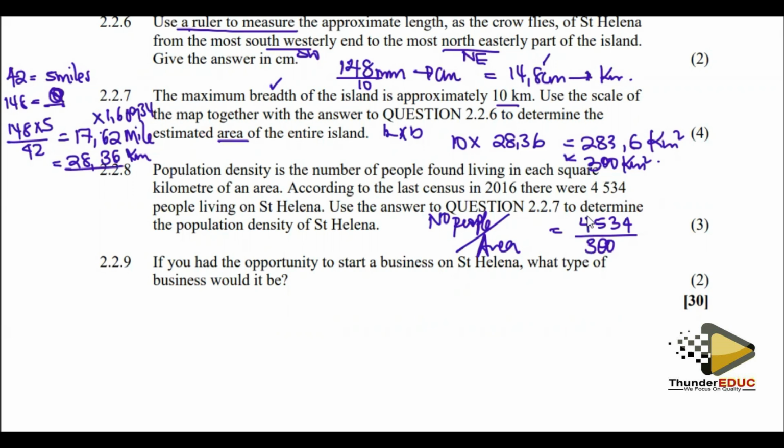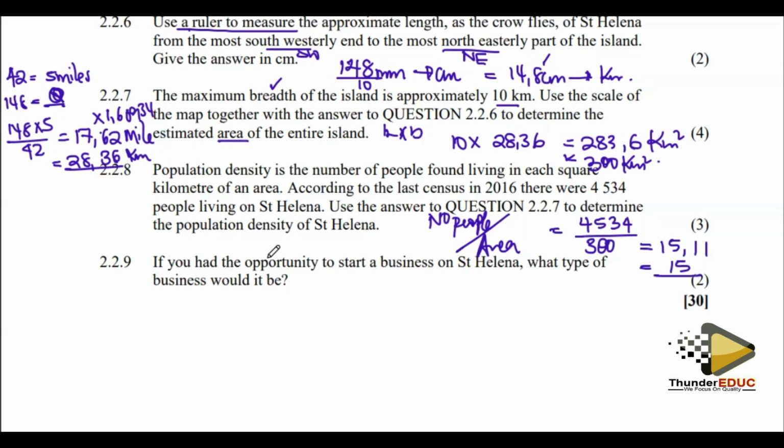It's not guessing, but we are closing up. So this one is an estimation of 15.11. But we are looking at determining the number of people per square kilometer. So people can't be in decimals. So here my answer will be 15 because I'm looking at people. You understand?